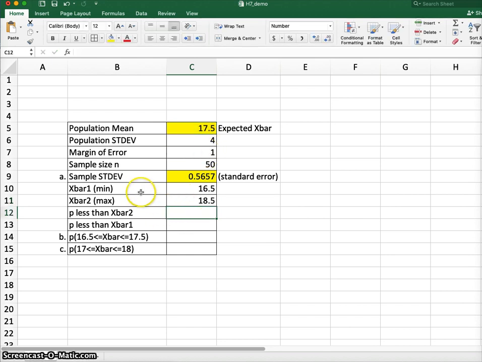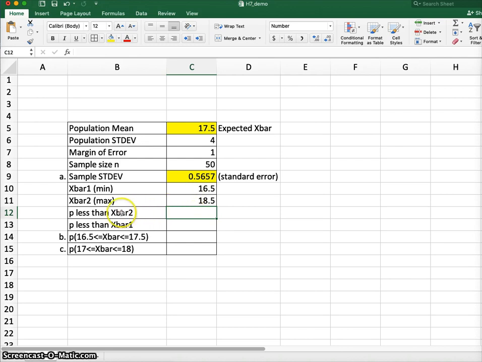So I'm looking for sample means between 16.5 and 18.5. I hope that makes sense. I want to know the probability that, if the population mean is 17.5, I would get some sample mean within that range. That's the whole point.